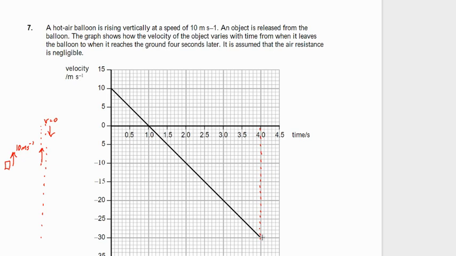So when the line stops here, we know that it's reached the ground. So we're going to work out this area to find the distance that it traveled there, which we already did. And then we're going to work out this area here to find the distance traveled from 1 second to when it hits the ground at 4 seconds.